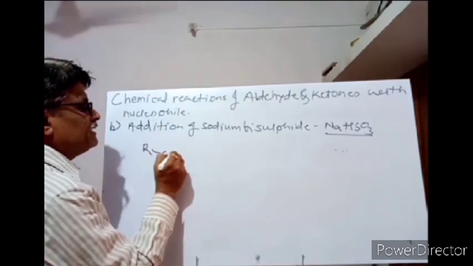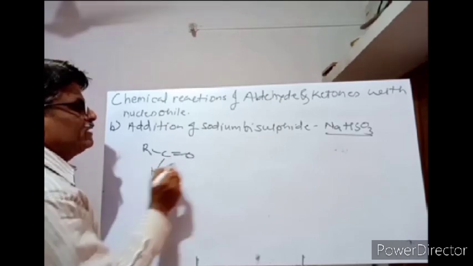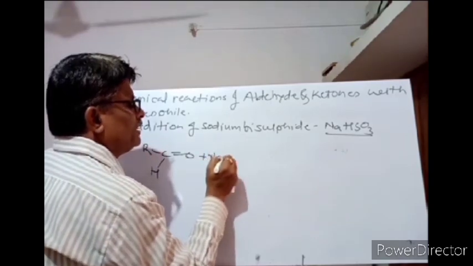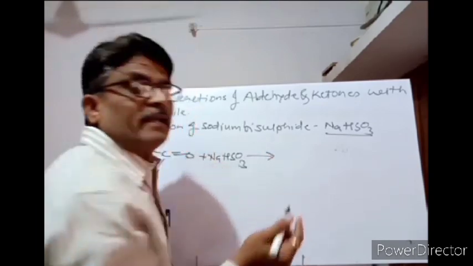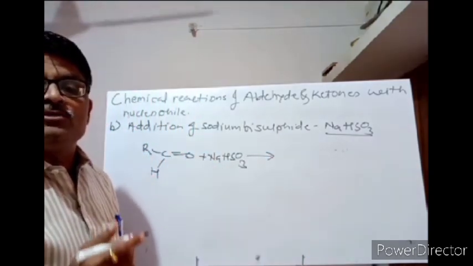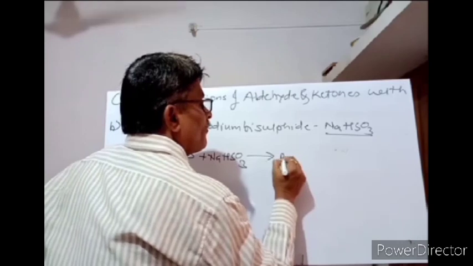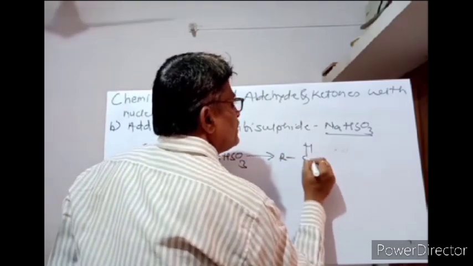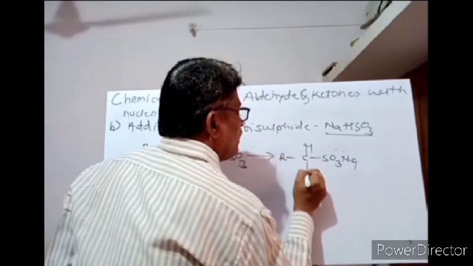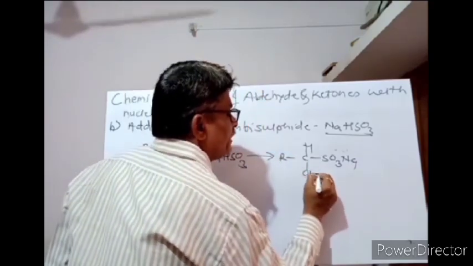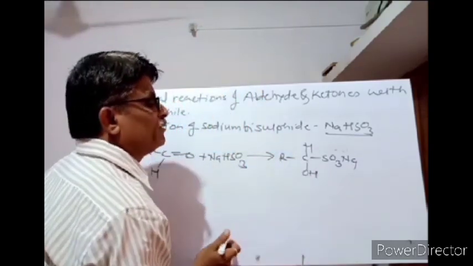Here is RC double bond O H when reacted with NaHSO3. On reaction, it gives RCH(OH)SO3Na, where the carbonyl oxygen atom reacts with a hydrogen, forming the sodium bisulfite.